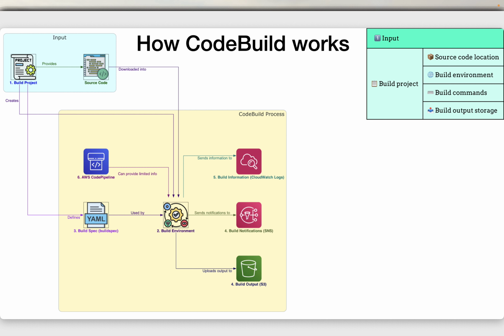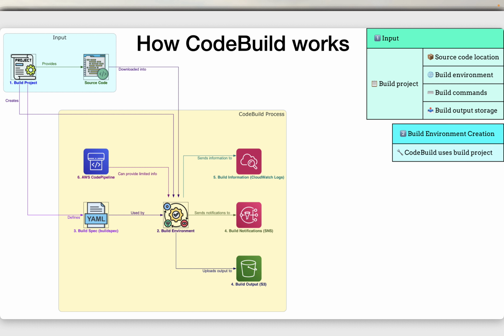A build environment represents a combination of operating system, programming language runtime, and tools that CodeBuild uses to run a build. So just to give you an example, if you are developing an application on Mac or Windows or Linux, you have to at least say which operating system, what language you have used for your project, and what kind of runtime or tools are required. This will come pre-packaged, so you just have to select those options.